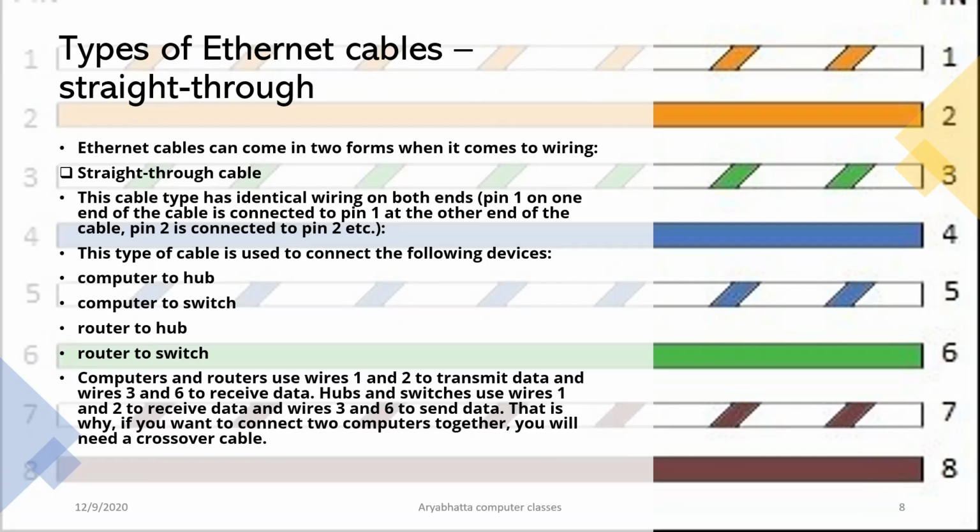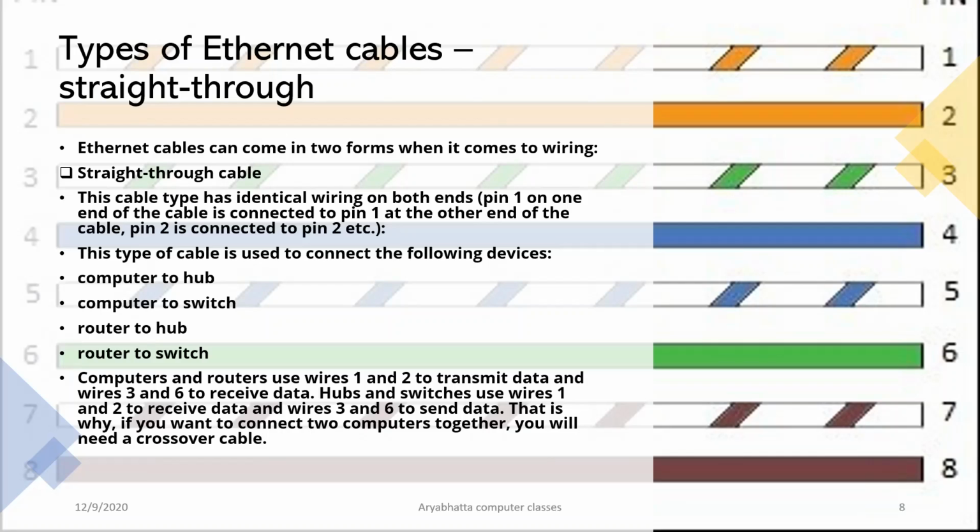One end has pin number 1 connected with the orange white, and the other side also has pin number 1 connected with the orange white. Then pin number 2 is connected with the orange color cable, and the other end of the cable is also connected with pin 2 with the orange. That means it's connected straight through, 1:1.